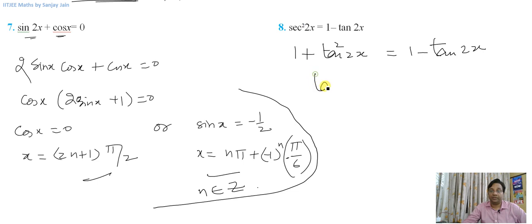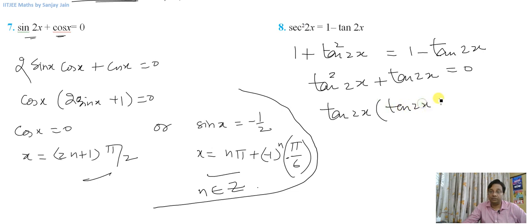So if I bring them on one side, tan square 2x plus tan 2x will be equal to 0, right? Tan 2x, if I take as common, then tan 2x plus 1 will be equal to 0, right? So either tan 2x will be equal to 0 or tan 2x will be equal to negative 1.